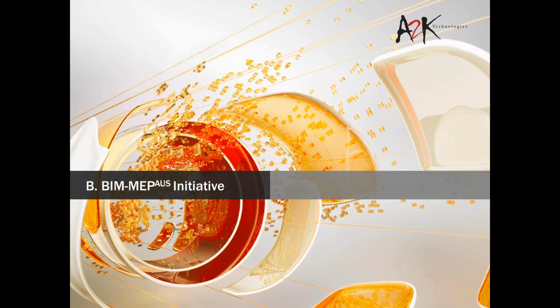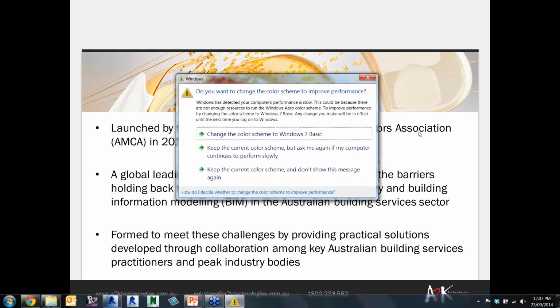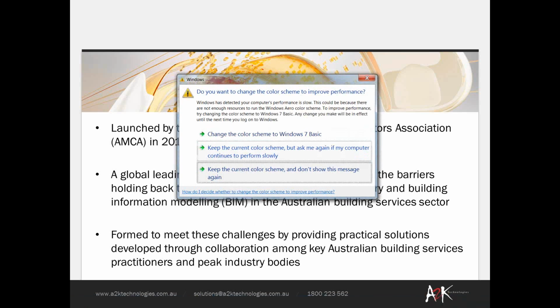For those of you who are not aware, just a few points about the initiative. It was launched by the AMCA, the Australian Mechanical Contractors Association, in 2010. It's now recognised as a global leading industry initiative. And it is basically addressing the barriers that still exist in the building services sector with regards to BIM and specifically with using Revit, which is what we're going to cover in this webinar.